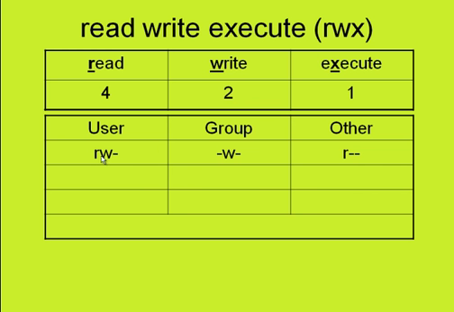Take a look at this example where user has read, write, but no execute permission, so with dash, and group has only write permission, and others has read permission. So if you convert them to octal value, what will it be?